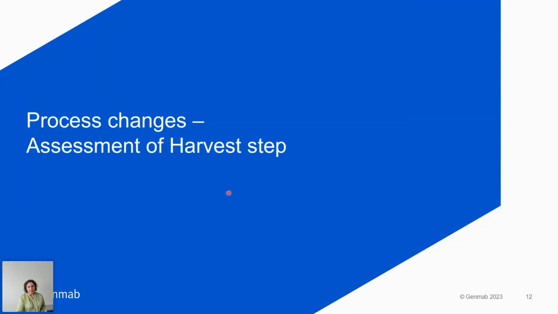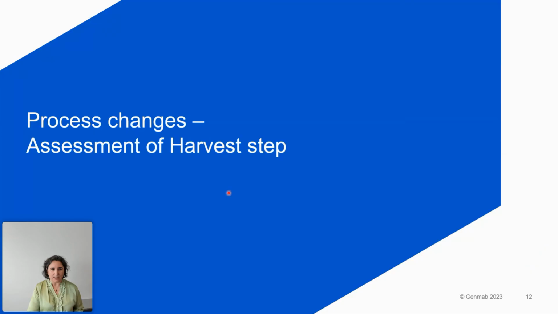So that was the process 2, the one that we would be taking commercial. But before going commercial, we actually had to have one more process change. What we did was an assessment of the harvest step.